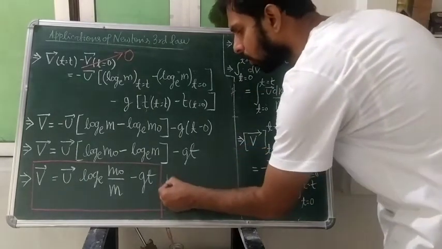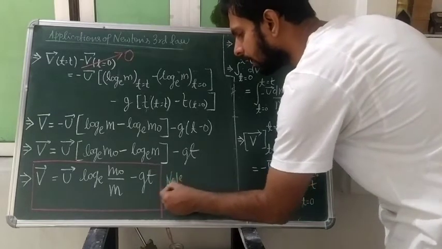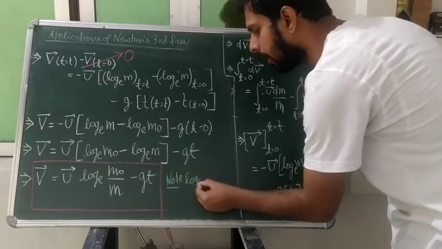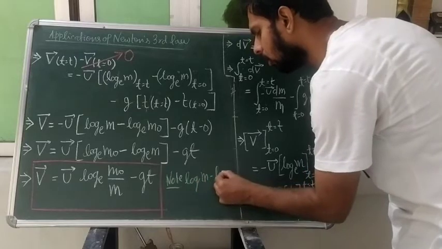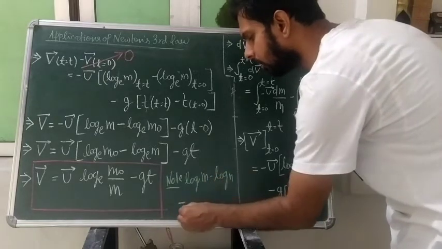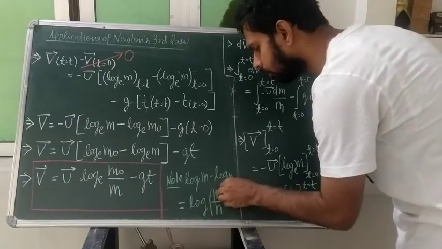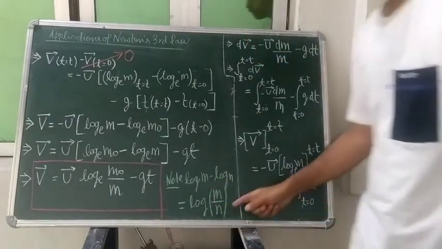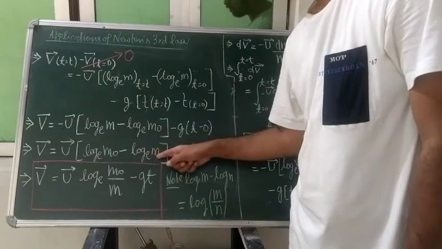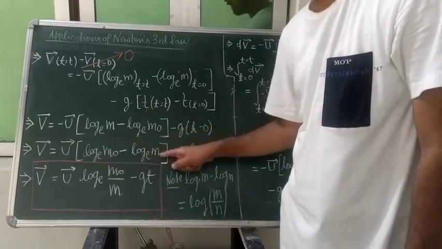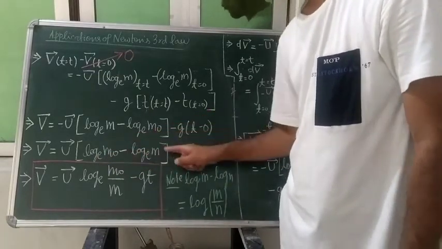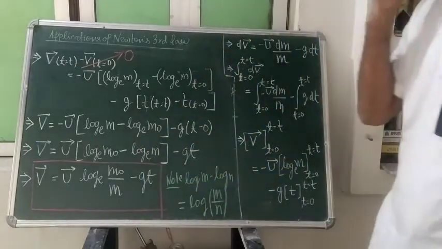And you will note, student, that log m minus log n is nothing but log m upon n only. At the place of m and n, m naught and m are present, so this you will get.